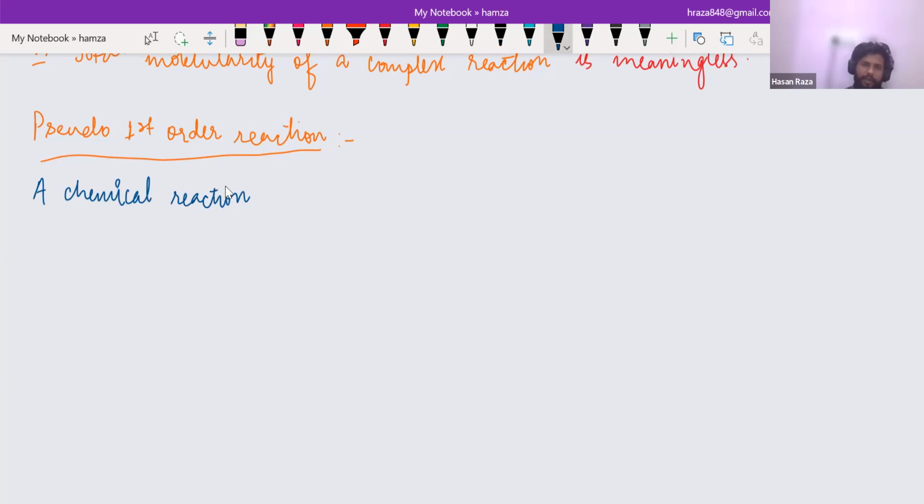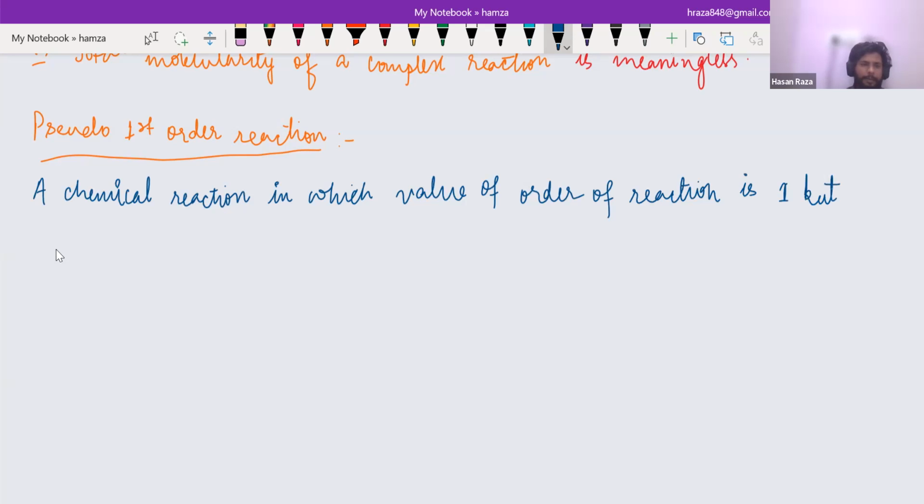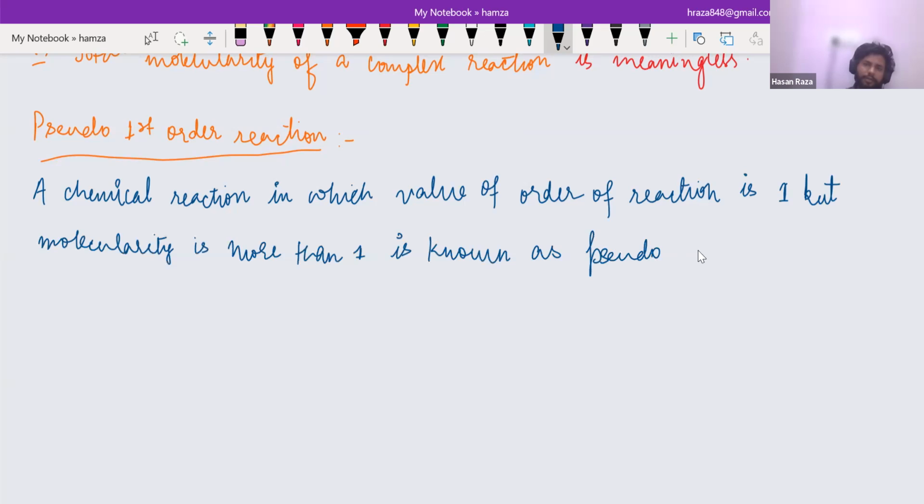A chemical reaction in which the value of order of reaction is 1, but molecularity is more than 1, is known as pseudo first order reaction.